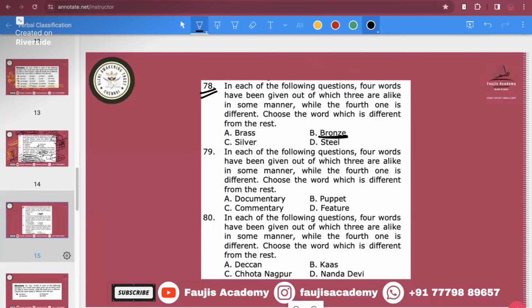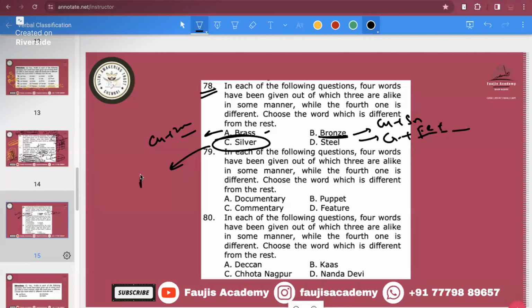Bronze is an alloy of copper and tin, Cu plus Sn. Steel is mainly iron and chromium plus something else. Brass is copper and zinc, Cu plus Zn. Silver is Ag. So this is why we'll go ahead with C as your answer.